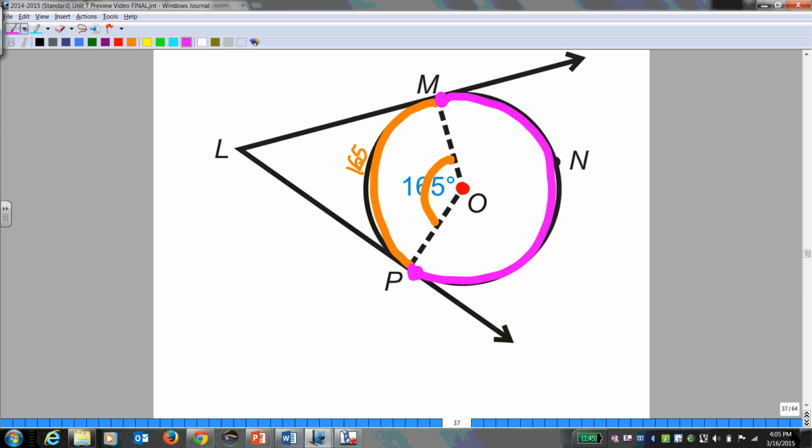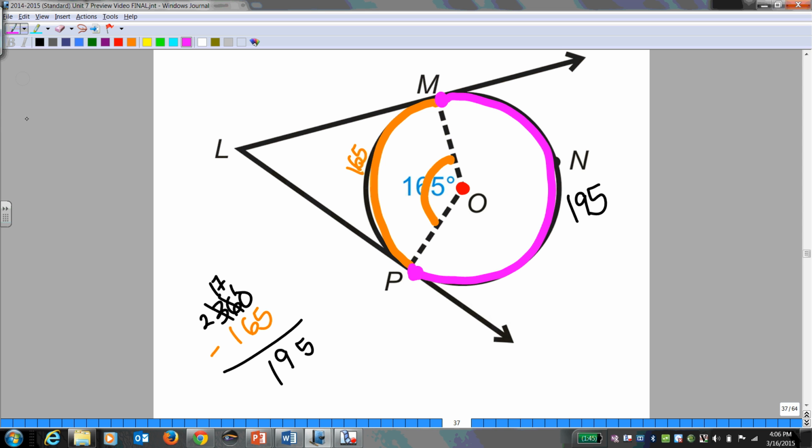That's going to be 360 minus 165. And that's 195 going this way.